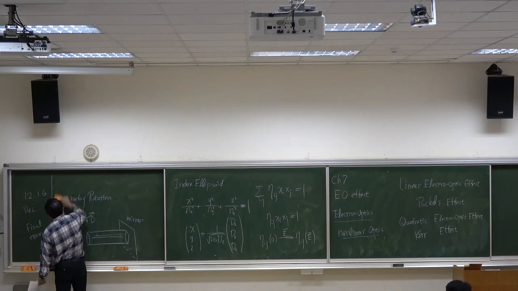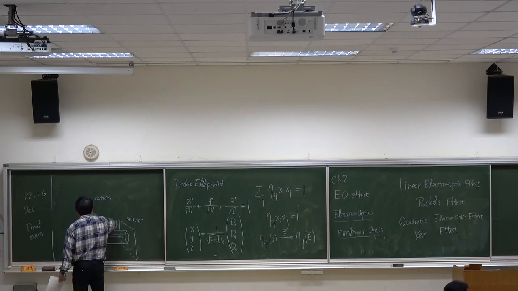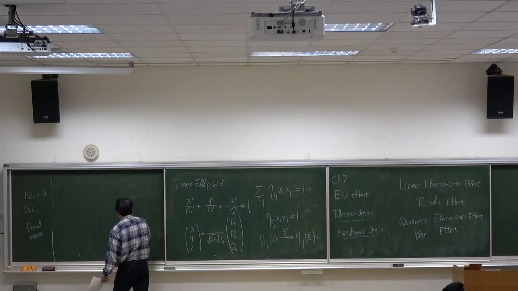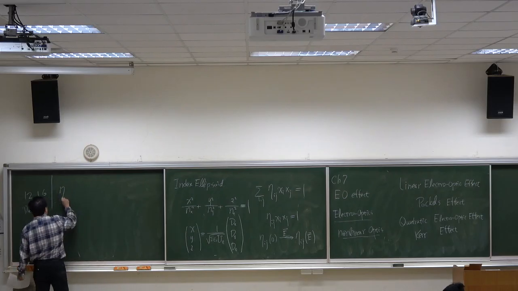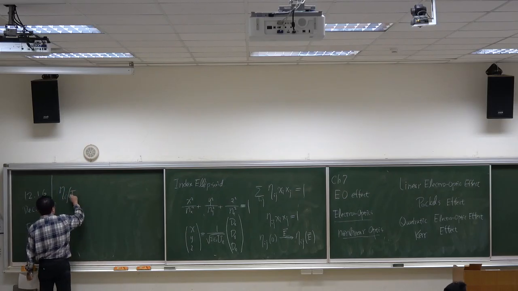This means that eta ij are functions of E vector. So we can expand eta ij.